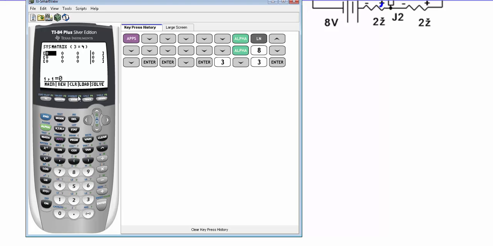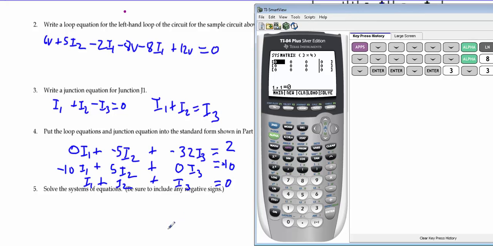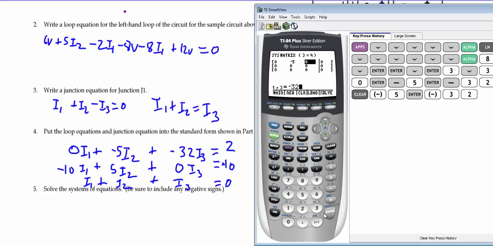And now it's going to say, okay, put this in the matrix for us to solve. And we're just putting our coefficients into this matrix. Okay, and that's the reason we write this like this. So our first one is this coefficient, which is 0. Our next one is -5, so I put in my -5. Our next one is -32, and then 2.